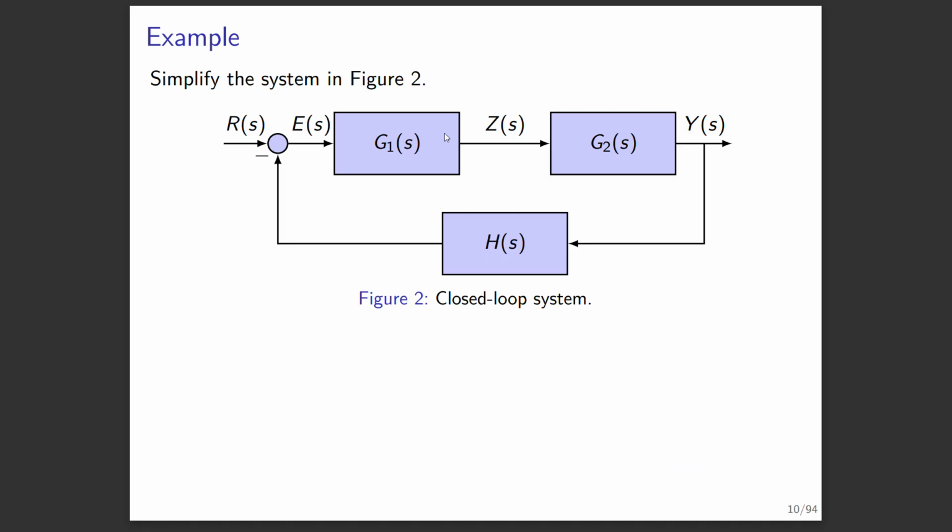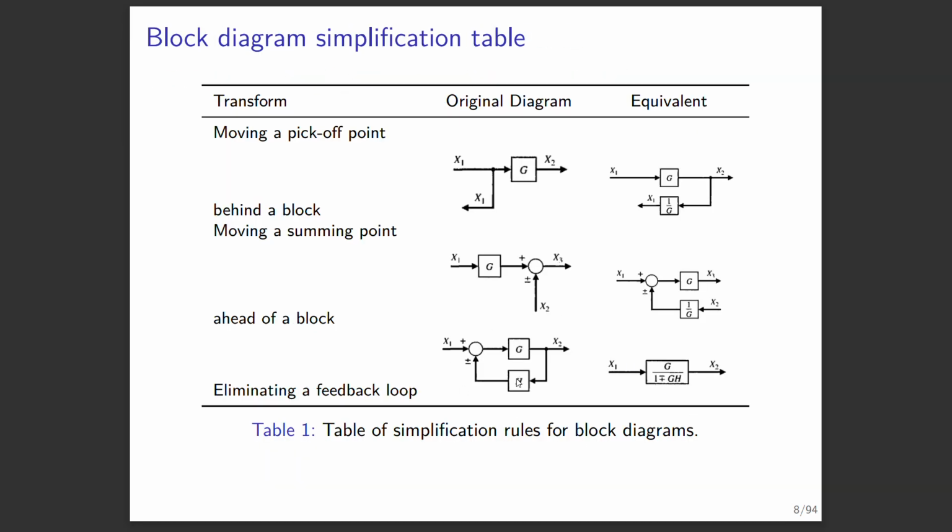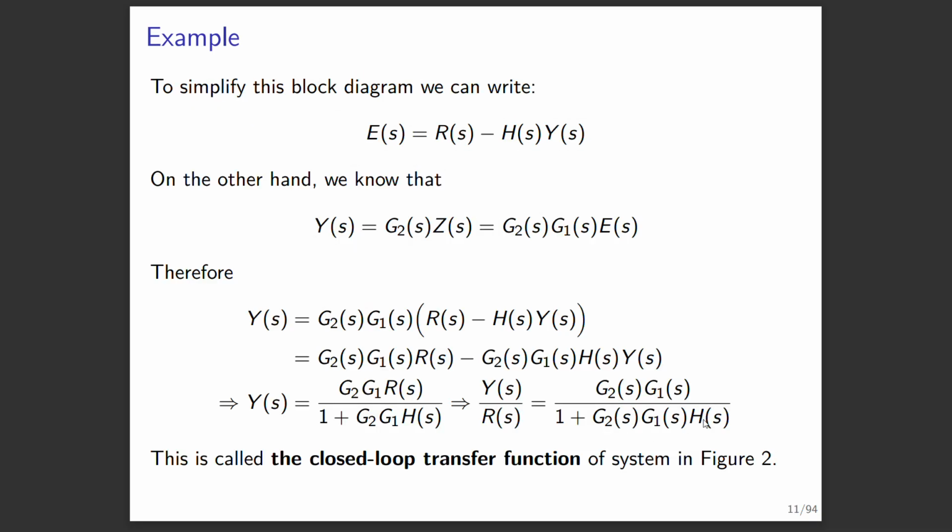Now if we want to do this without using signal analysis and just using the table we had in the previous slides, we simply combine these two blocks and we write a big block here, G1 times G2, and then I have G1 times G2 in feedback with H, which from the table I would have G1 G2 divided by 1 plus G1 G2 H. So yeah, it's not very difficult to do this if you look at the table.